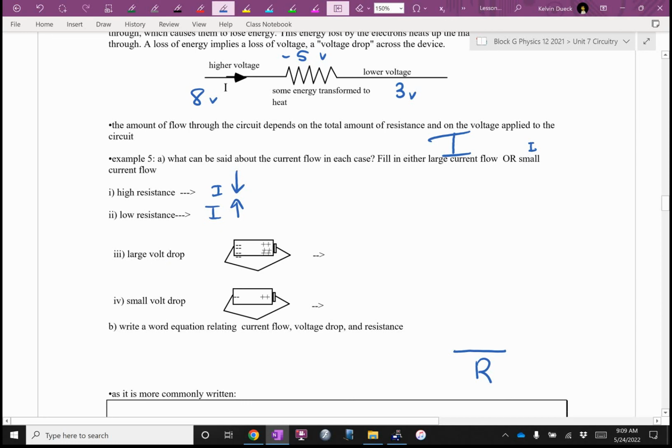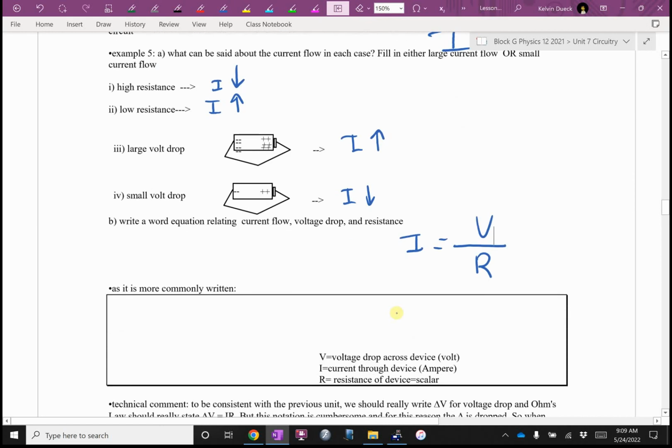What's more popular, bigger ski hills or bunny hills? So when voltage goes up, current goes up. When voltage goes down, current goes down. That means it's on the top. That's Ohm's law that relates voltage, current, and resistance.